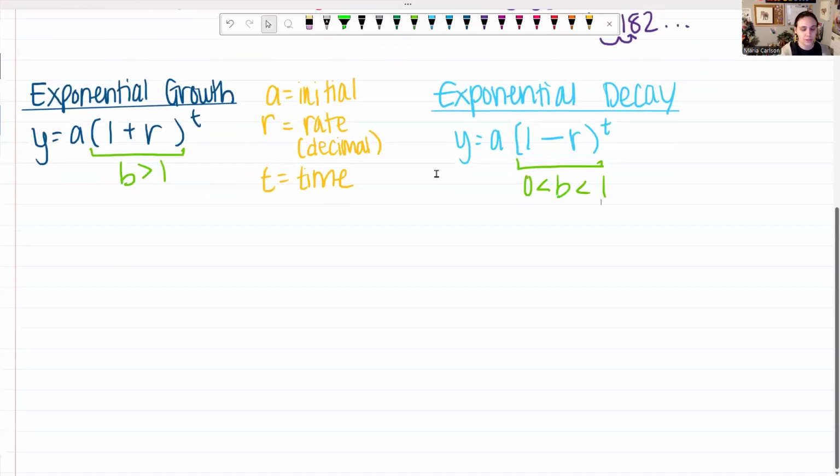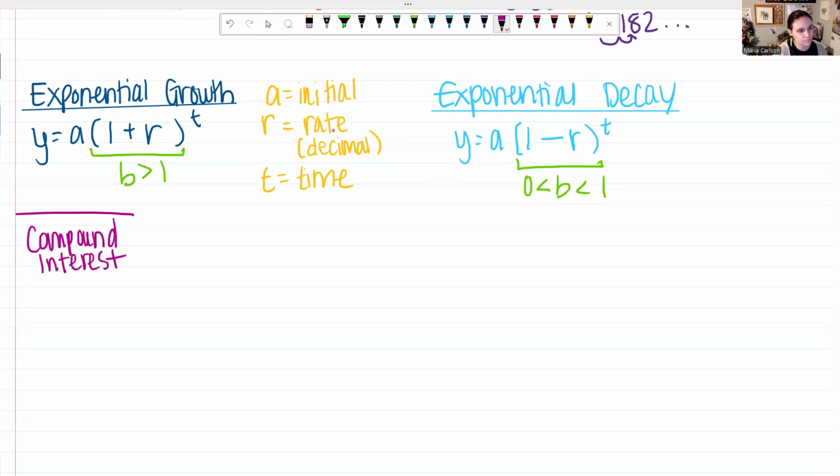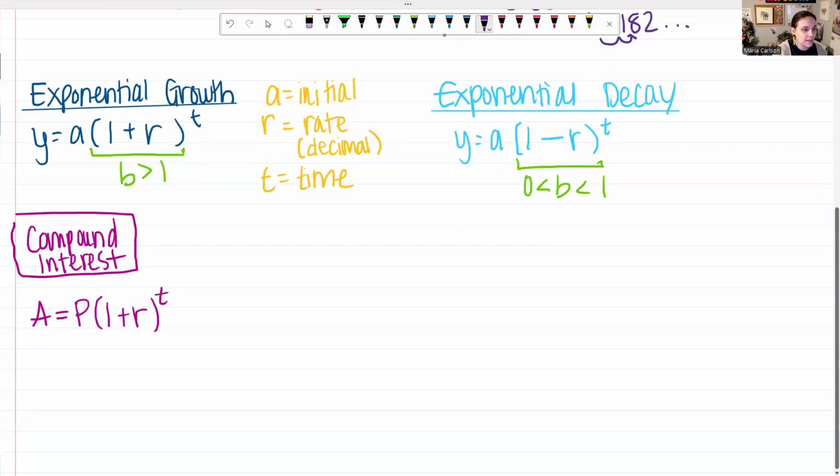Now we have some real life applications that we're going to work with in terms of growth and decay. So a common application we often will use with growth is compound interest. So our compound interest formula in general is A is equal to P times 1 plus r to the t power, where A represents the money that you have, the account value over time, the amount.